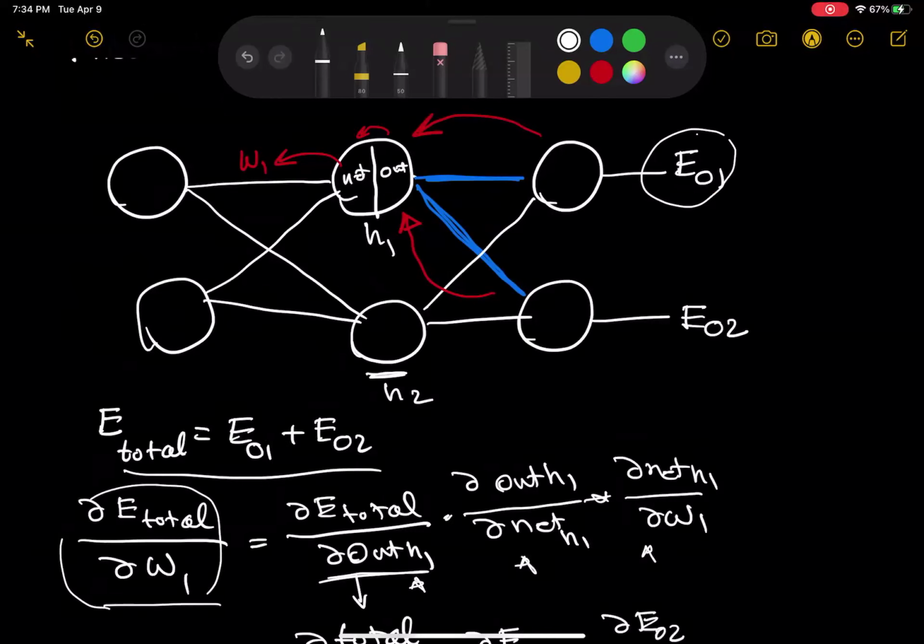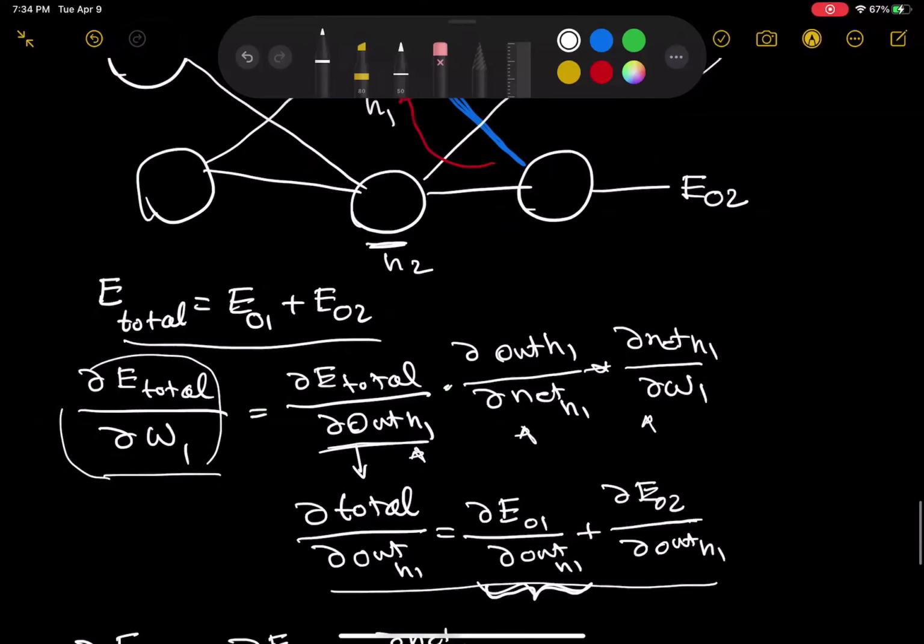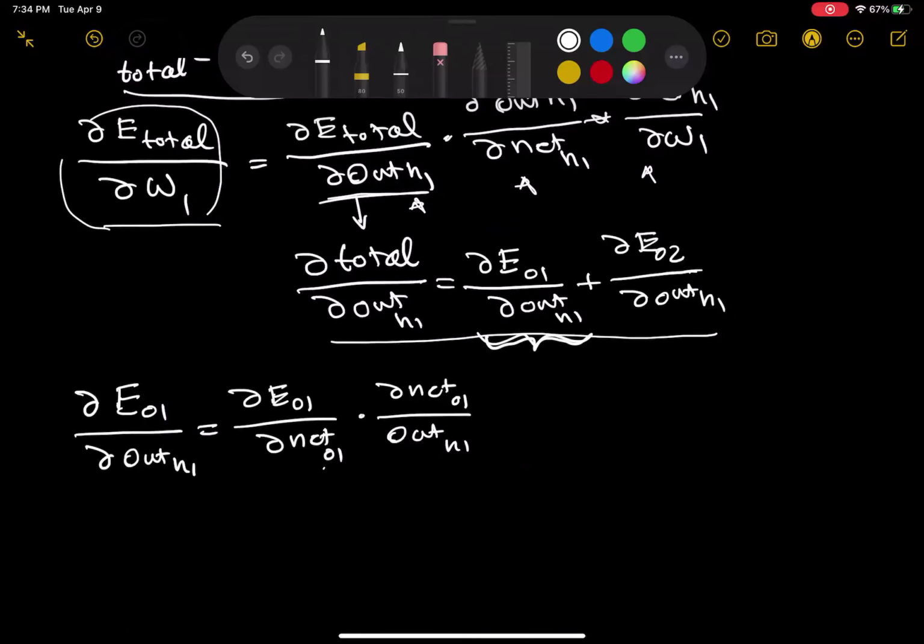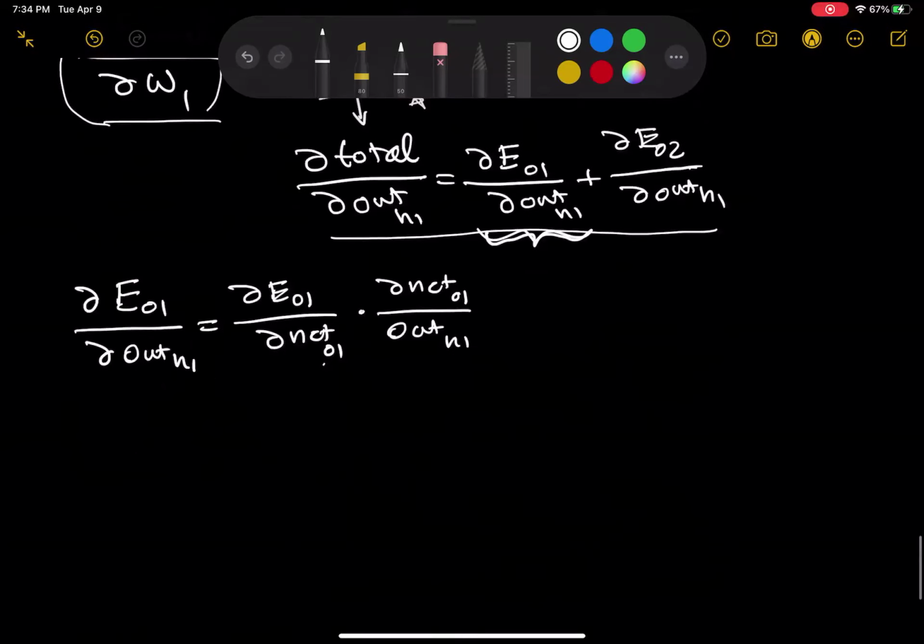See, this is net and out, so these are related to each other, and out is also related to E of O1. All right, so this is probably the hard part. Again, there is another chain rule you have to use. This is exactly the same as what I had in the notes. So I'm going to replace that.